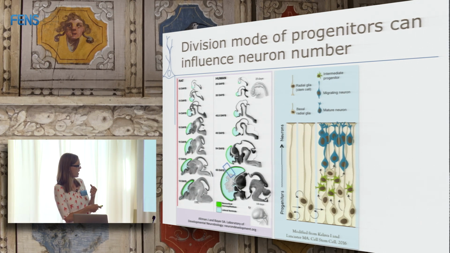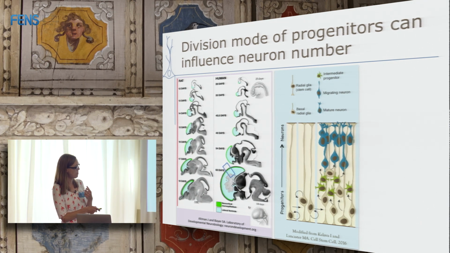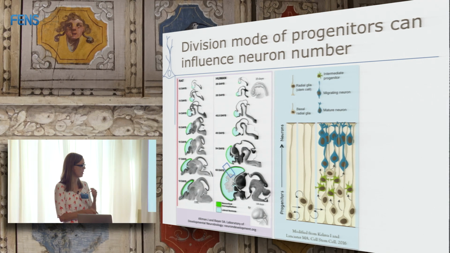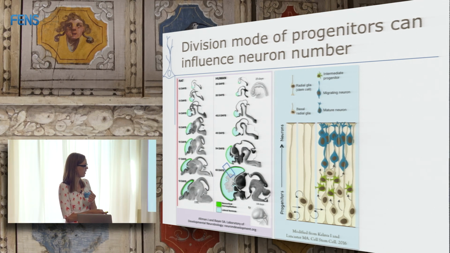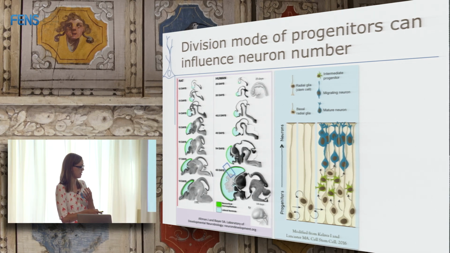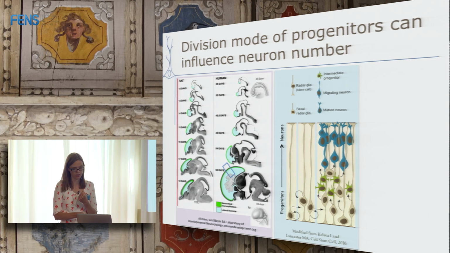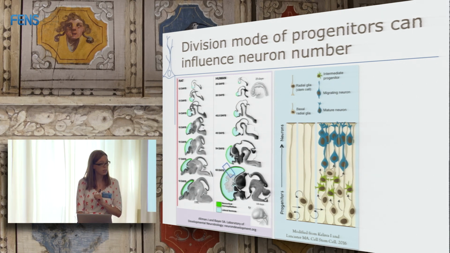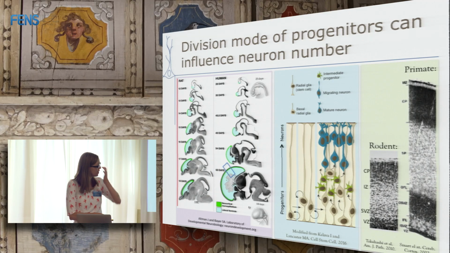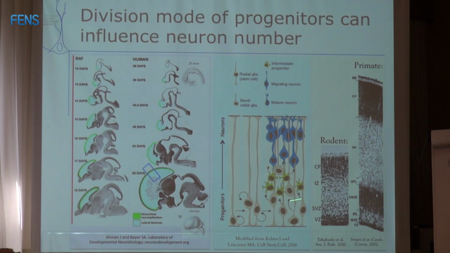So that suggests that at least between rodents and primates, somewhere between them, there must have been a change that would allow for more expansion of these cells, or a delay from this symmetrically expanding divisions to asymmetric neurogenic divisions.